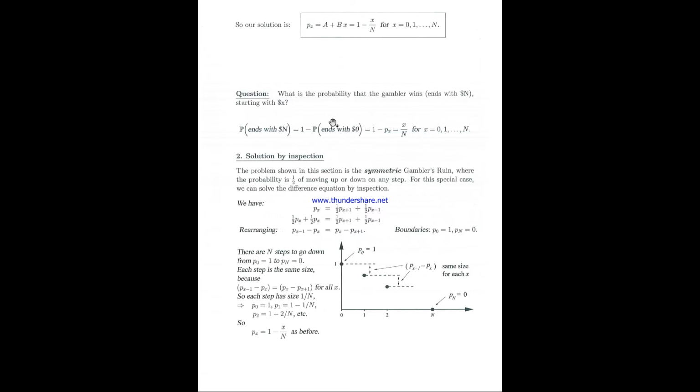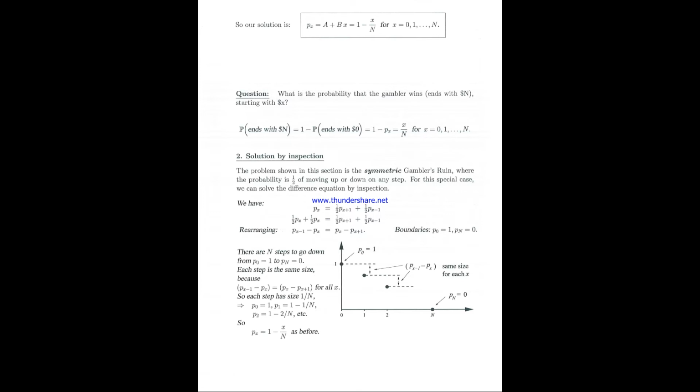So 1 minus, if you substitute, 1 minus X over capital N, you can simplify into X over capital N. So the probability of the gambler winning is equal to X over capital N.